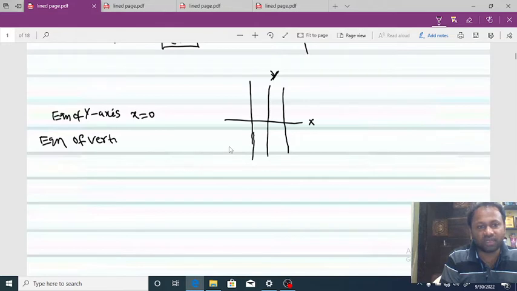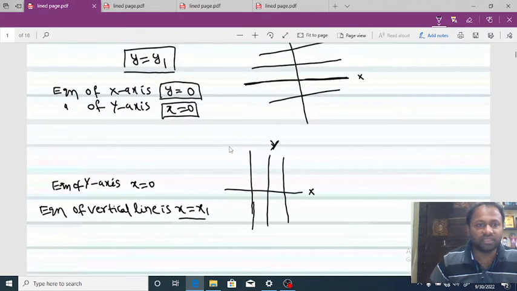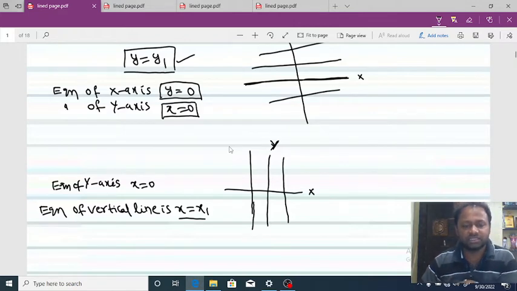The equation of a vertical line is x is equal to x1. So this is the equation of a vertical line, and before that, y is equal to y1 is the equation of a horizontal line. Okay, right. Based on this, so many questions will be asked.